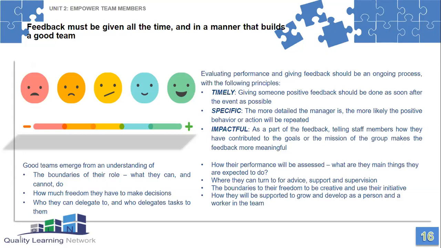Okay, so good teams emerge from understanding the boundaries of their role, so that we know where not to step out of, and also remember what we need to do on a day-to-day basis. How much freedom they have to make decisions, who they can delegate to, and who delegates tasks to them. So what is the food chain, in a way. How the performance will be assessed, so what are the main things they are expected to do? So performance appraisals, and what is the consequence of having a performance appraisal?